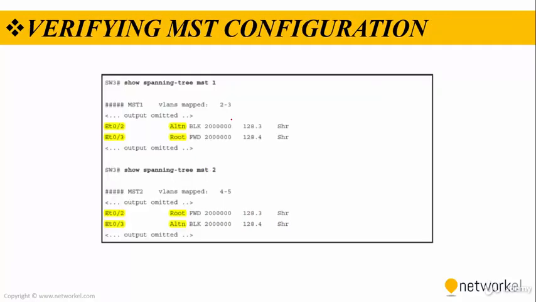To verify the MST configuration, we can use show spanning-tree mst and the instance number. For example, for MST1, the VLANs mapped are 2 and 3 in this example.